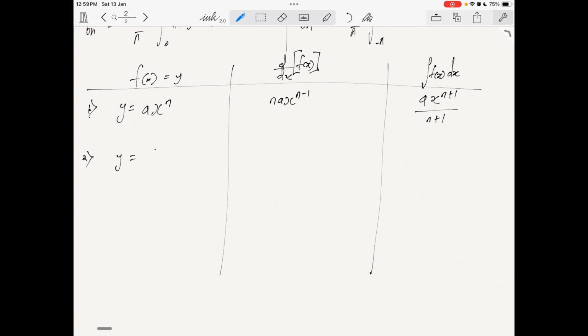If y is equal to sine x, differentiating sine x will give us cos x, and integrating sine x will give us minus cos x. What about y is equal to cos x? Differentiating cos x, we will have minus sine x, and integrating cos x, we will have sine x.